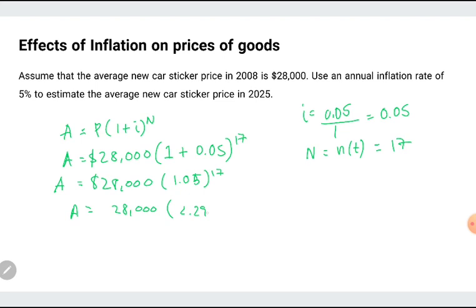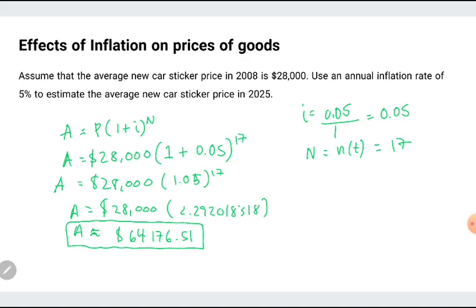It's 2.292018318. Multiply that by 28,000. So I am approximating 64,176.51, rounded off to two decimal places.